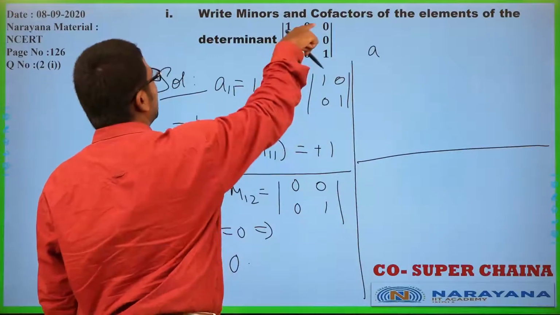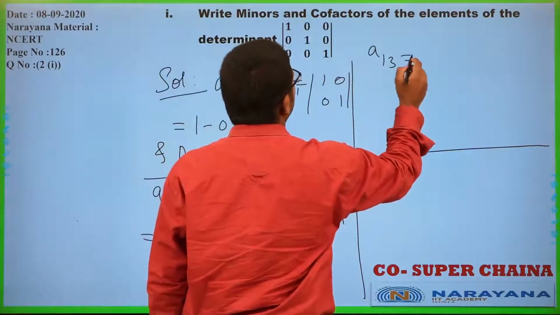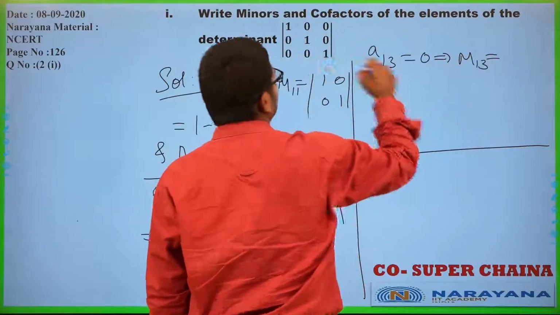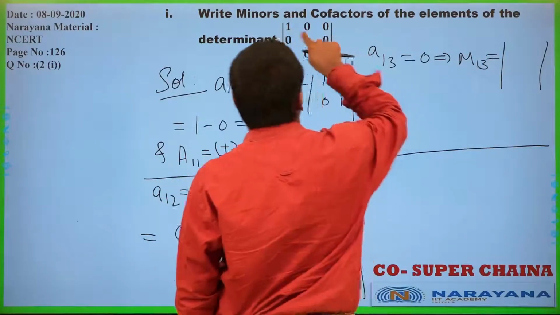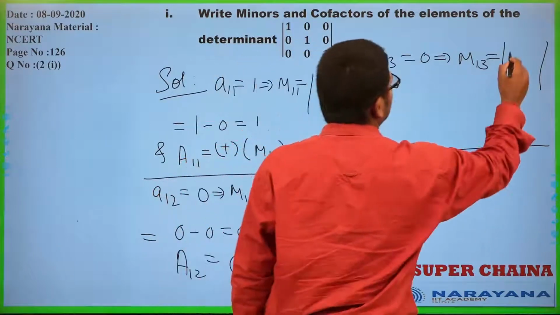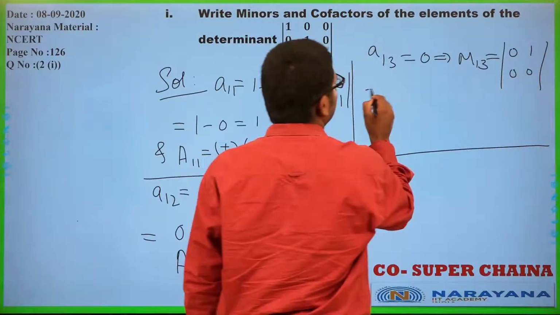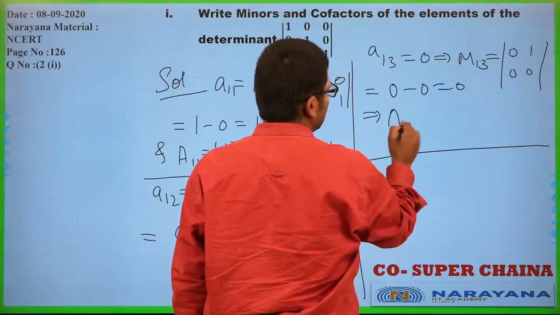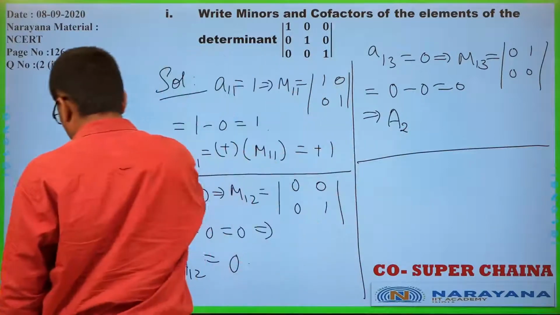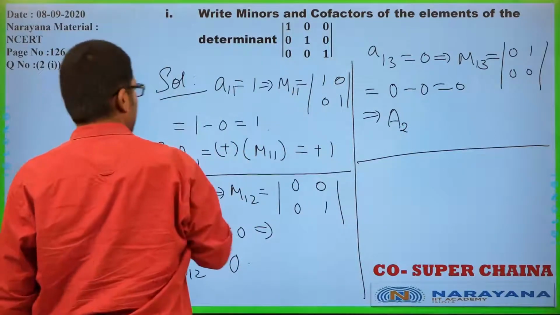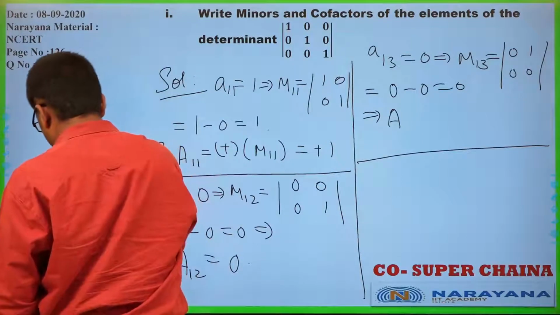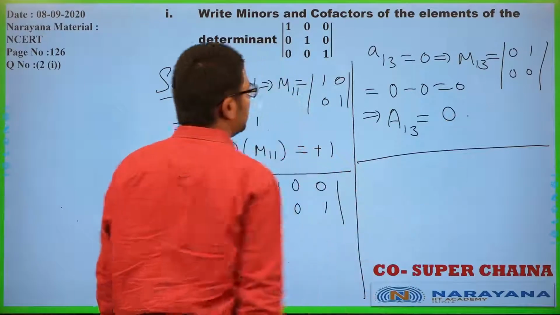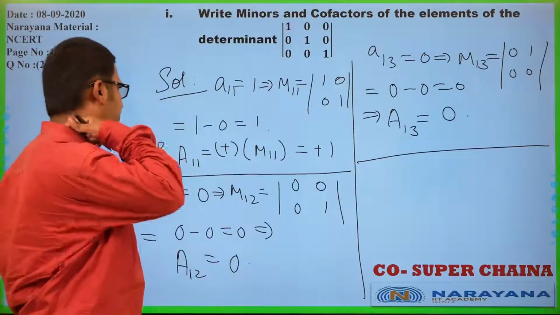We have A12 now. So A13 is the element 0, which means M13 would be, leave that row, that column, so 0, 1, 0, 0, which as you expand once again 0 minus 0 is 0, which means cofactor capital A13 is also 0, correct? Whether it is plus or minus, it will be 0.